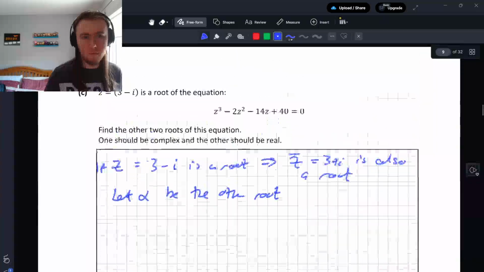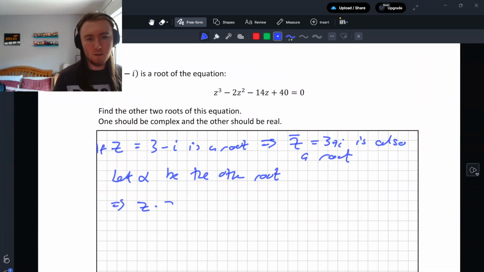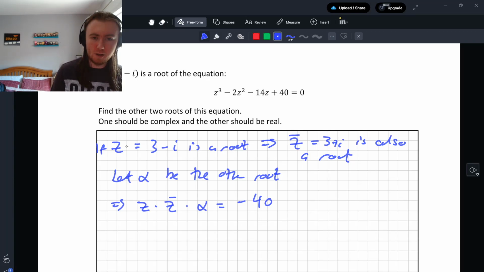Then because we have a cubic, z times z bar times alpha is just going to be the negative of the constant divided by the thing in front of the cubed. So a little bit like Vieta's rules from quadratics, though for cubics, because you're multiplying an odd number of them, it takes a minus sign at the front.